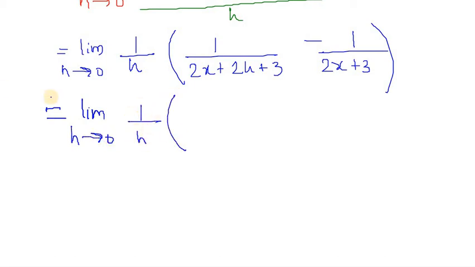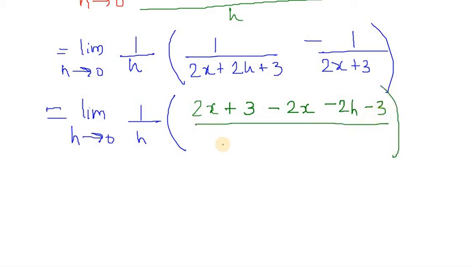Just simple cross multiplication will give you 2x plus 3 minus 2x minus 2h minus 3 divided by 2x plus 2h plus 3 into 2x plus 3.